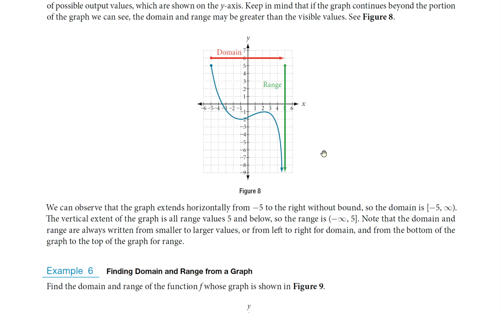Okay, so if we look at the domain, it's what you see in red here. This line that starts at -4 and then keeps on going. So I'm not sure what they wrote.